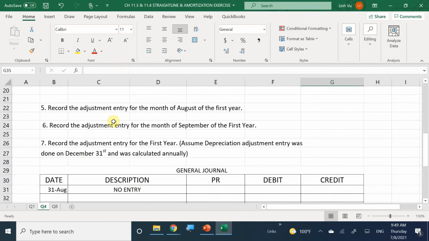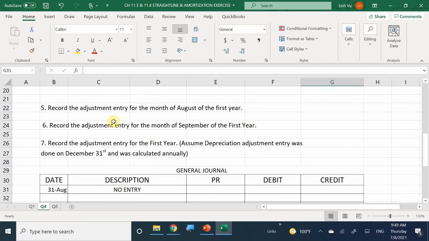So then question number 7 asks, record the adjustment entry for the first year, assuming that depreciation adjustment entries were done on December 31st, and it was calculated annually.